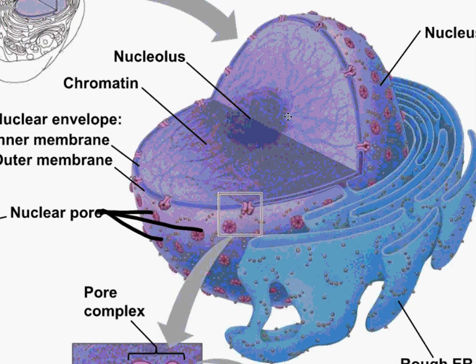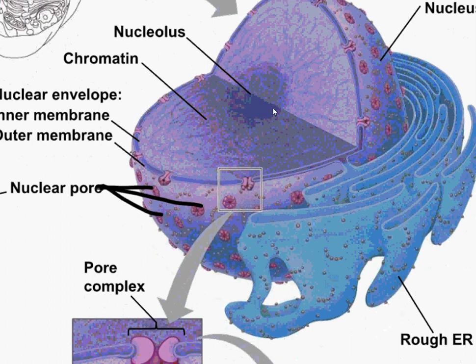A portion of the nucleus that is denser than other portions is called the nucleolus. The nucleolus is the place where RNA is usually made. It's also the place where ribosomes are constructed inside the nucleus.